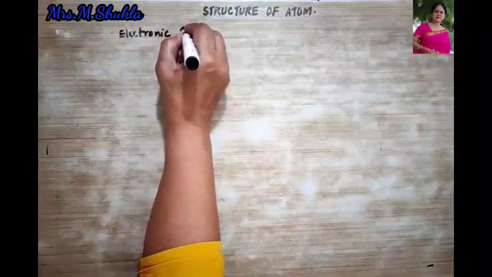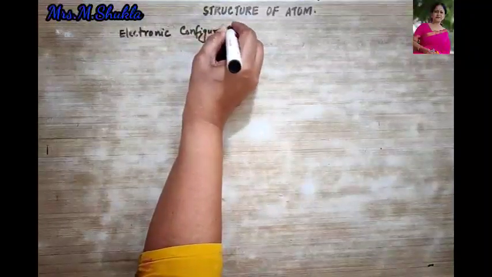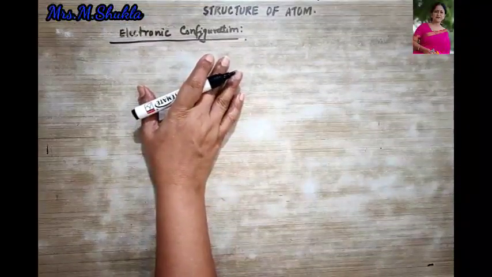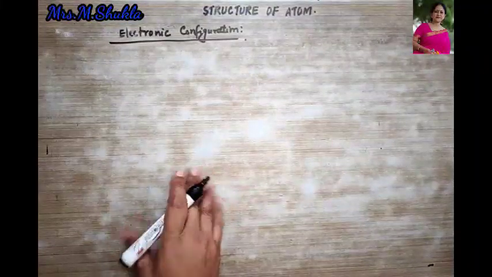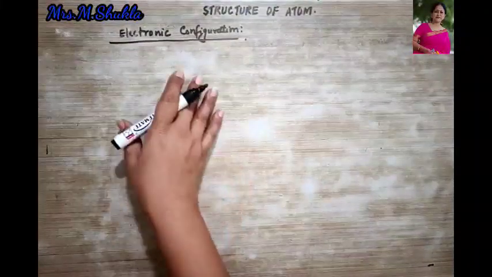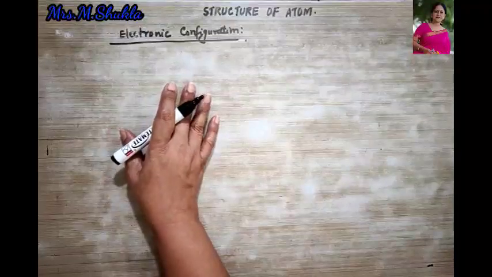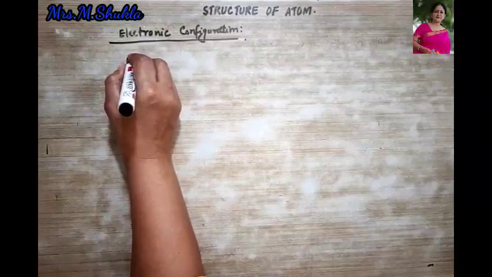So let's learn how to do electronic configuration. I'm going to do a few of them for you. The rest you are going to practice on your own. The more you practice, the easier it becomes for you. So let us begin.